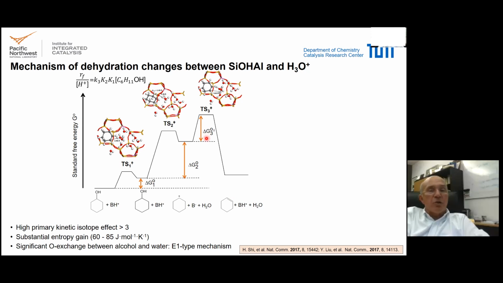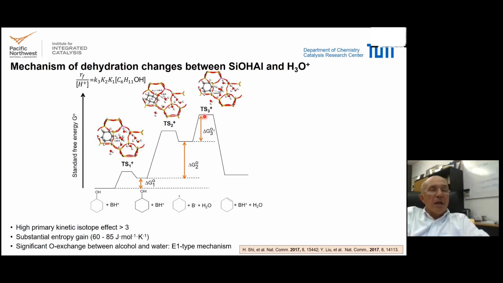We analyze kinetics and show that we do have a very high primary kinetic isotope effect. And that high primary kinetic isotope effect means that the cleavage of a carbon-hydrogen bond must be involved in the rate determining step.